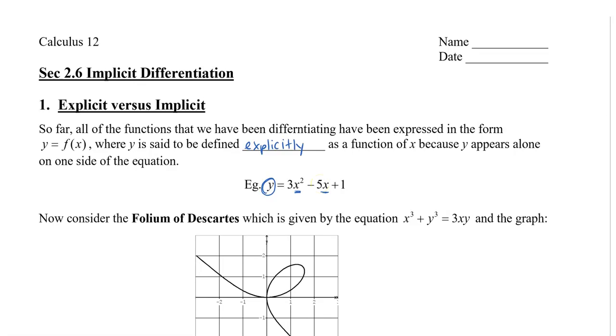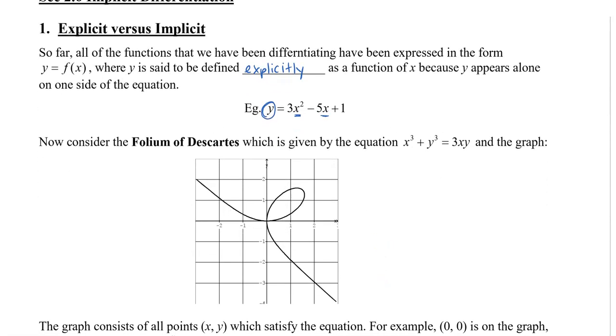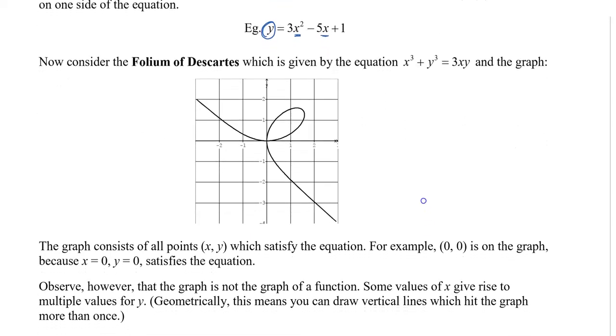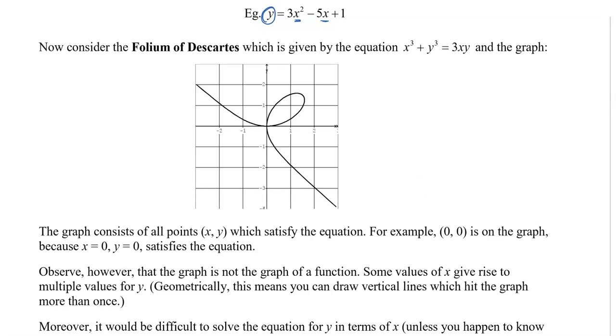Now consider the Folium of Descartes. It's given by this equation here, and this is what the graph looks like. We can see that the graph consists of all the points x and y which satisfy the equation, such as 0, 0. That's one of the points, and when we plug it into the equation, left side equals the right side.